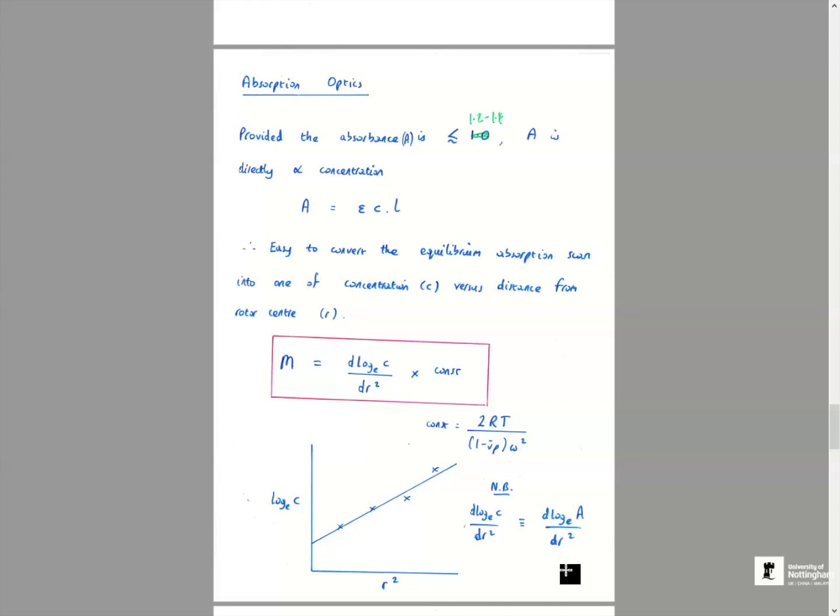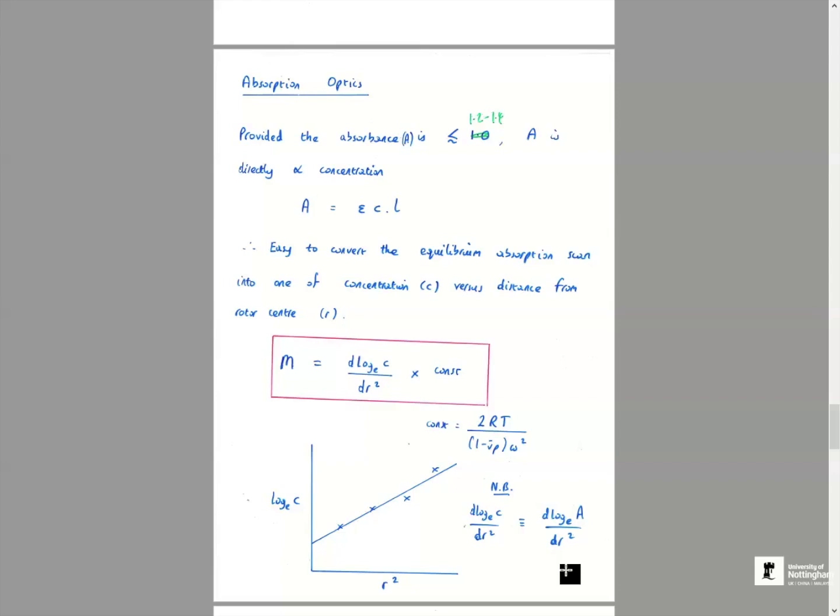So what are the units of the slope of that plot? If the distance is measured in centimetres, is it centimetre squared?